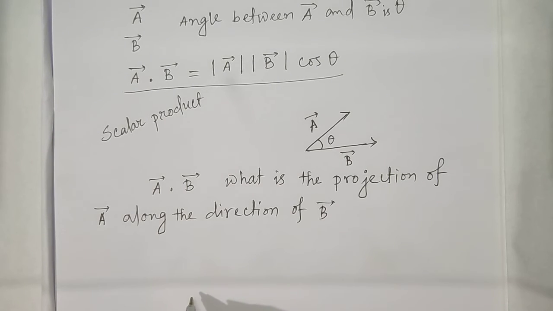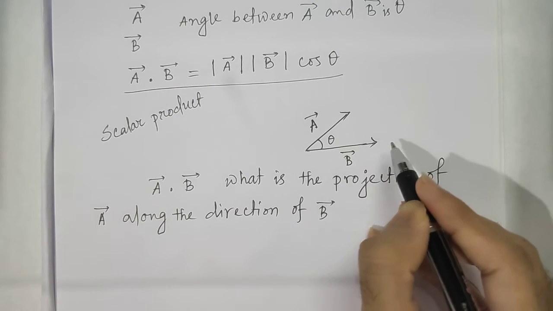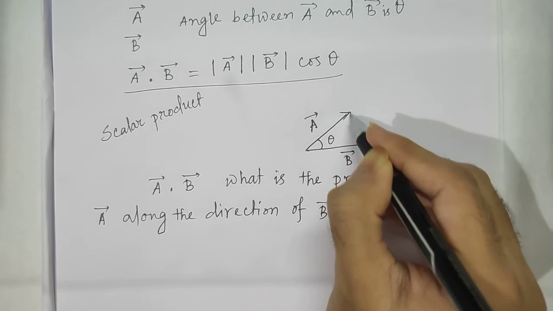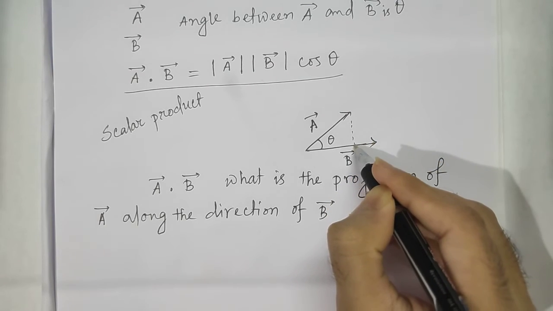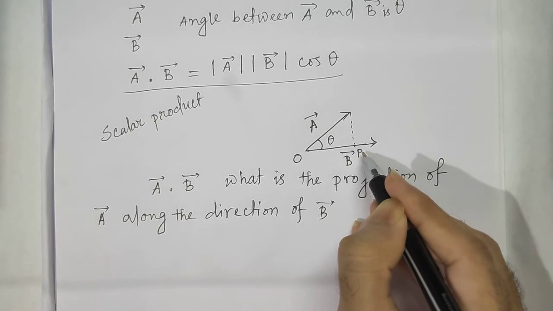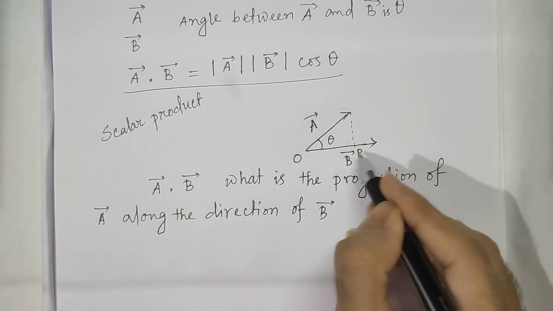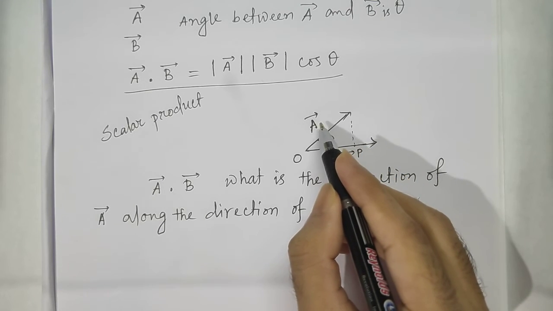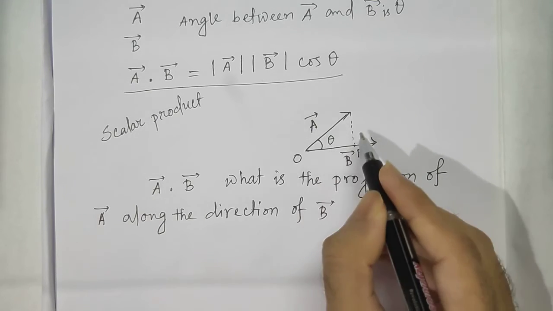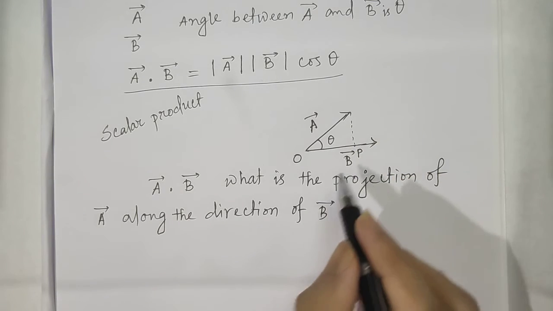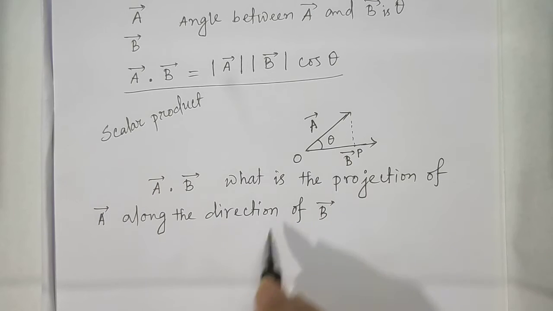So if we draw a perpendicular to the B vector, and this point is P and this is point O, then this length OP will denote the projection of the A vector along the direction of the B vector, and this is the dot product of the two vectors.